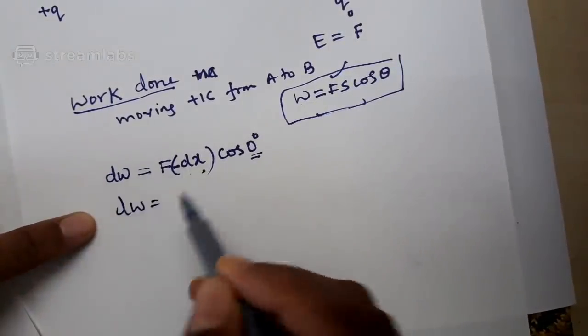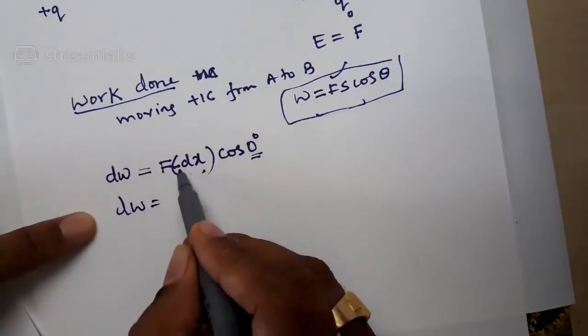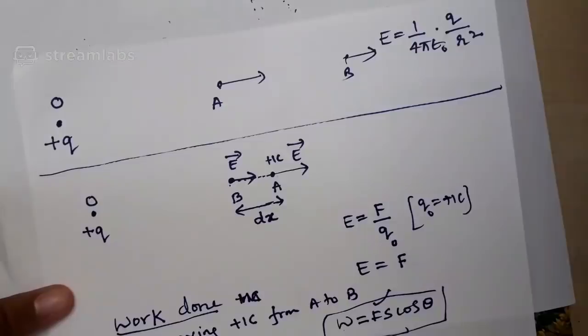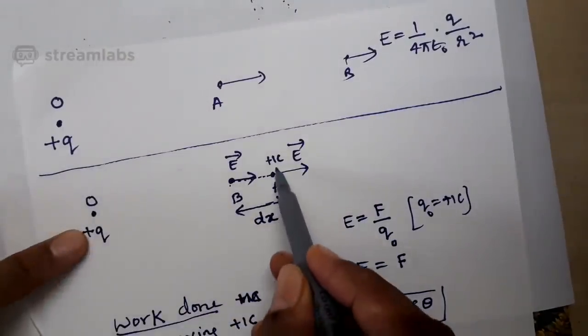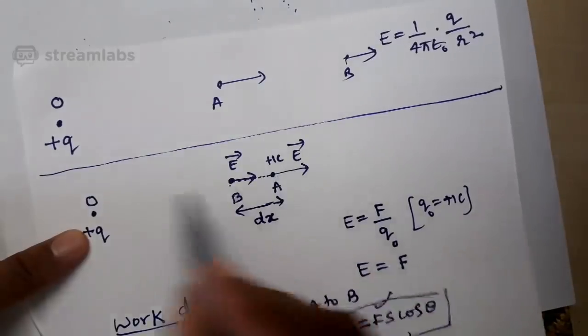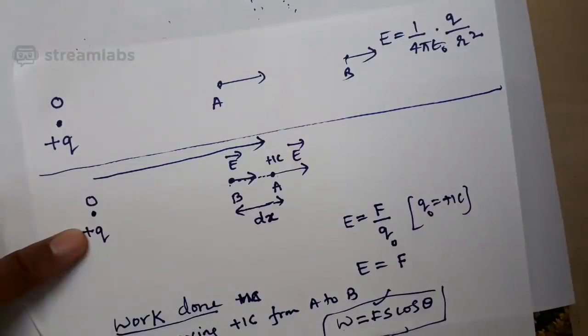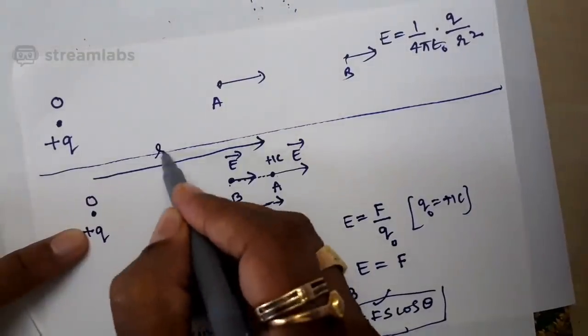Coming to the point of why it is minus, you can use the position vector concept. Initially the plus 1 coulomb charge was at A. Let us assume its position vector be R1 vector.